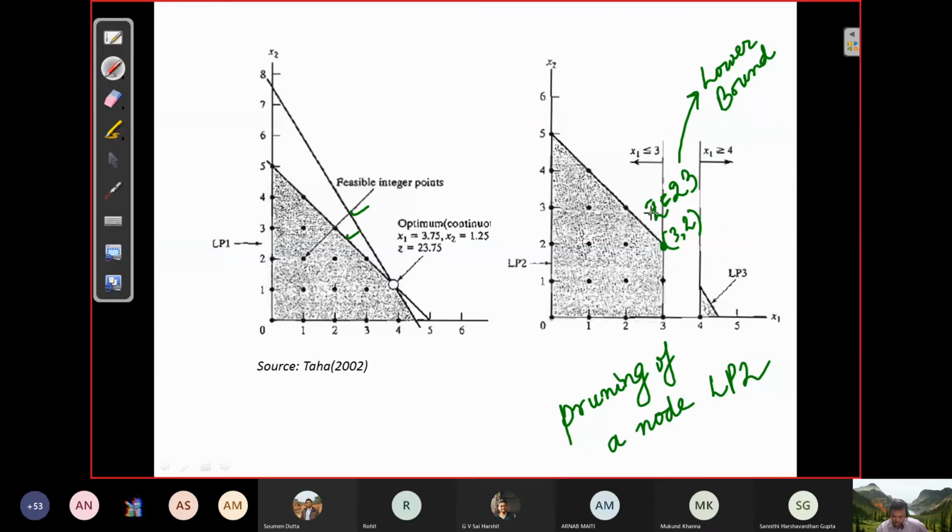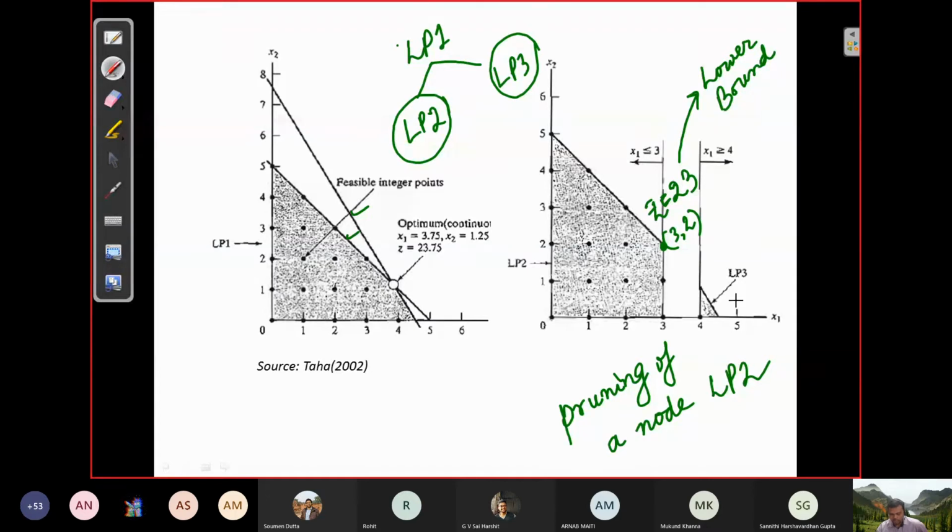Now, initially we started the tree with LP1, and we divided it into two, LP2 and LP3, based on the branching variable x1. LP2 is pruned, so we don't explore it further. Now what about LP3?